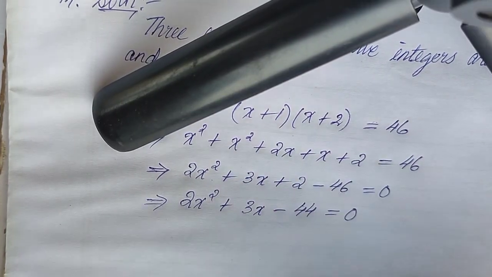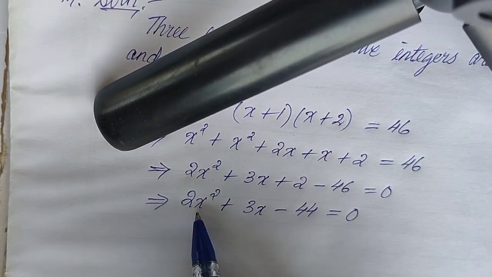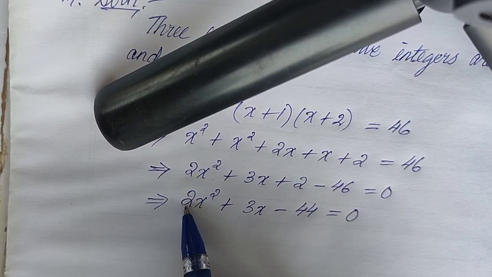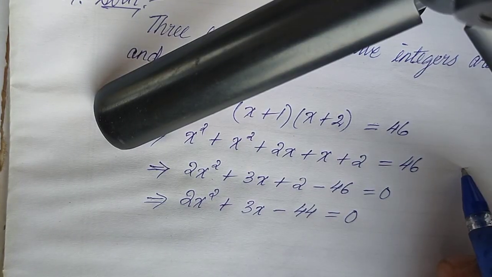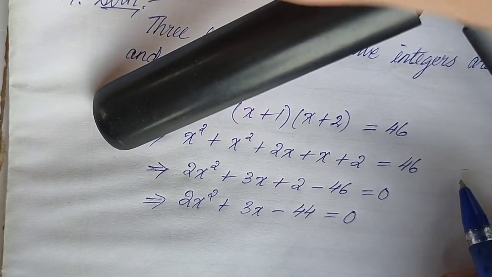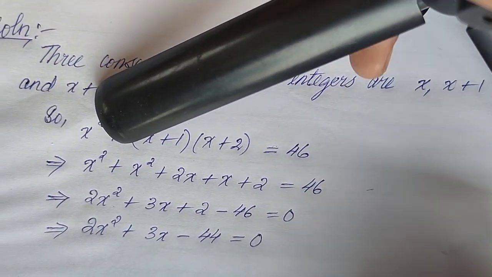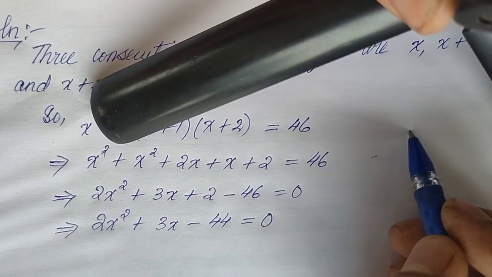equal to 0. Spreading the middle term: the coefficient of x squared, 2, times 44 gives 88.